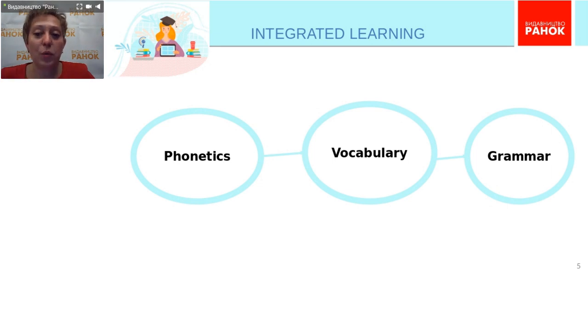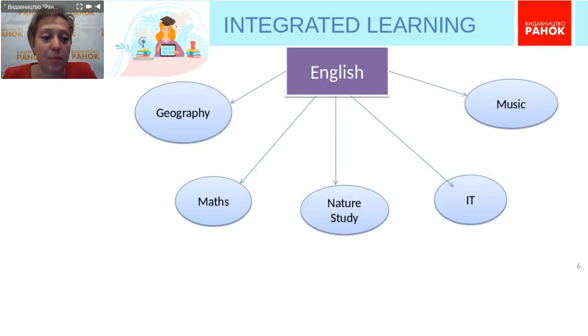So we use different kinds of exercises to practice and to develop all kinds of skills. And traditionally, we try to use all these exercises during one lesson, because a good lesson needs to combine reading, speaking, learning, writing and listening. And it is impossible without dealing with phonetics, vocabulary and grammar.